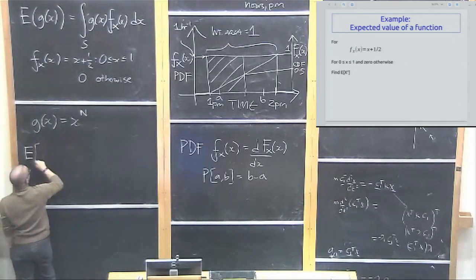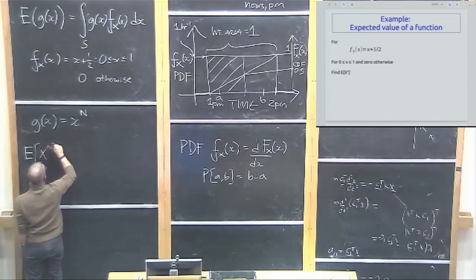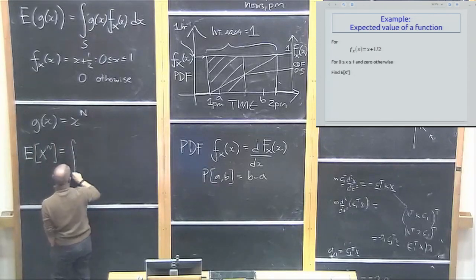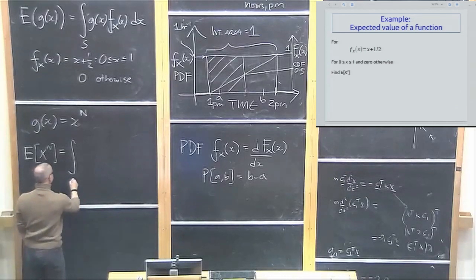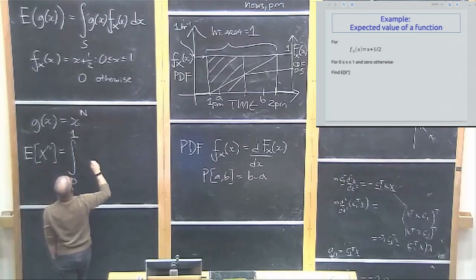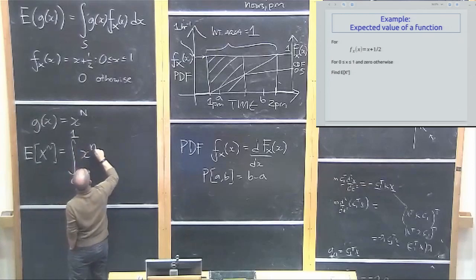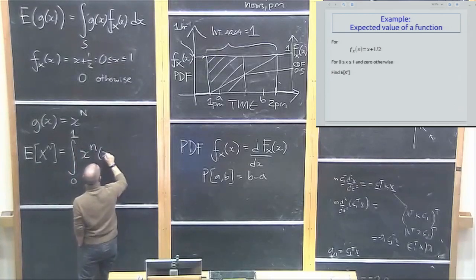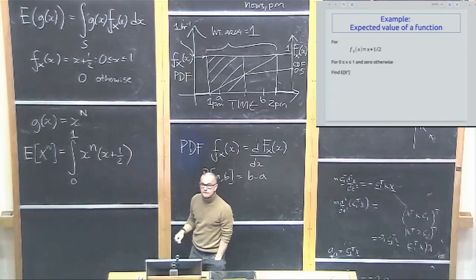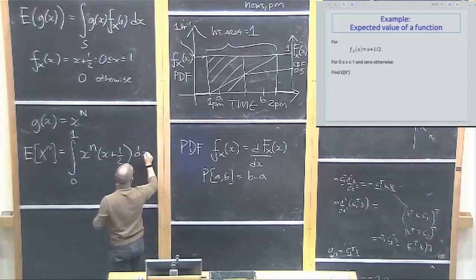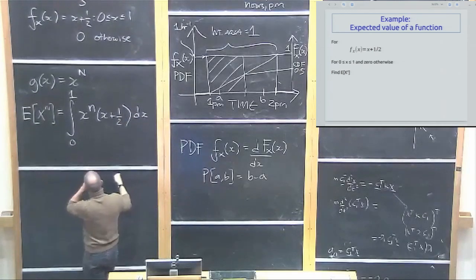So the expectation value of x to the n is going to equal the integral over the sample space, in this case between 0 and 1, of x to the n times my PDF, which is x plus a half, integrated with respect to dx.